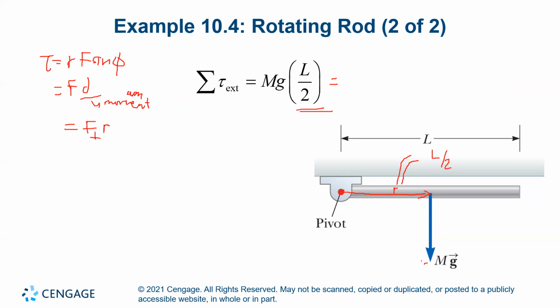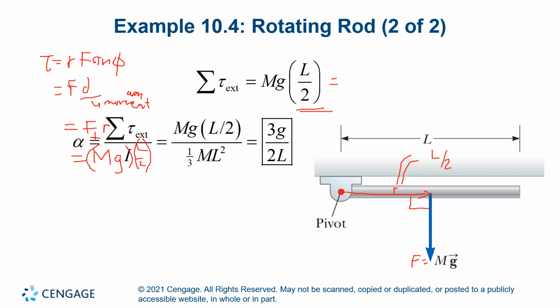And now, this is your force that is producing the torque. And as you can see, this force is already perpendicular to r. So F perpendicular is mg and r is L over 2. And remember that alpha is the summation of torques over I, and in this case, 1/3 ml squared.